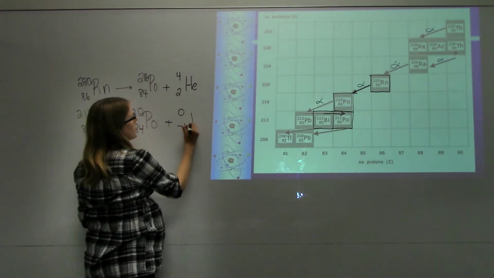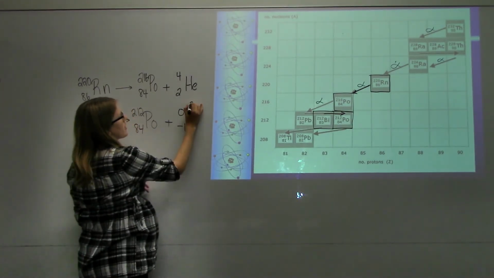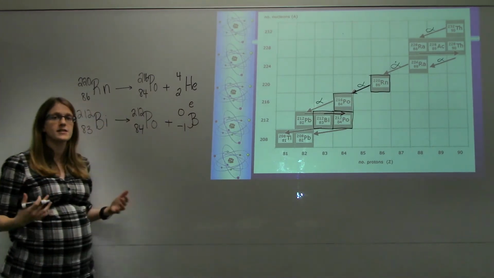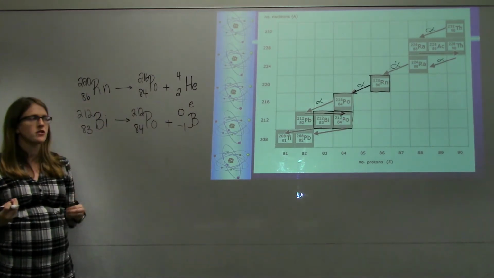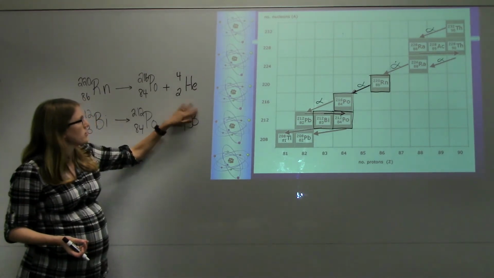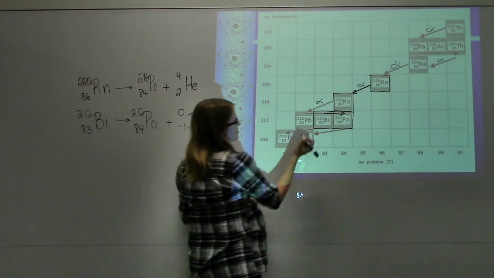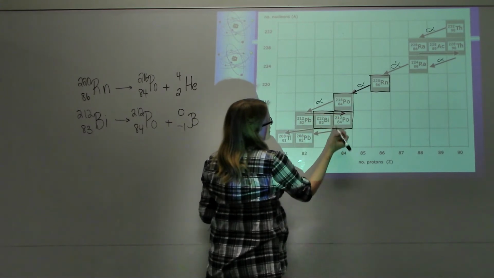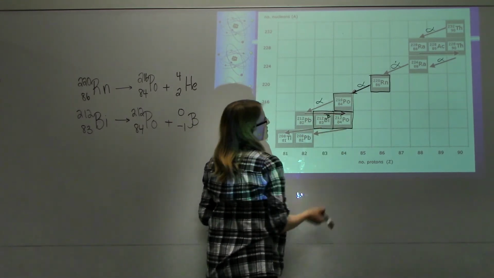That is a beta particle. You could also write electron, because a beta particle is an emitted electron. That's the definition of a beta, an electron emitted from a nuclear reaction. So every time we see an arrow going to the right, that's going to be beta emission or beta decay.